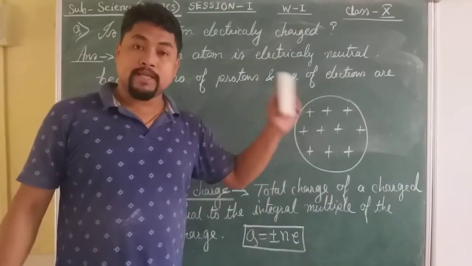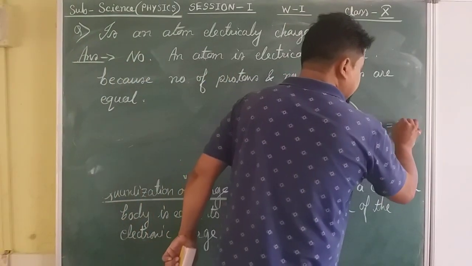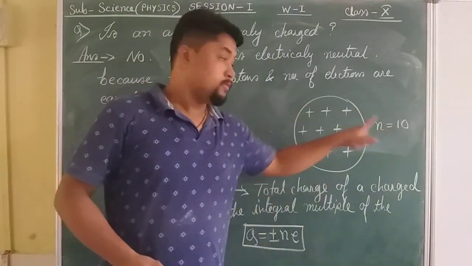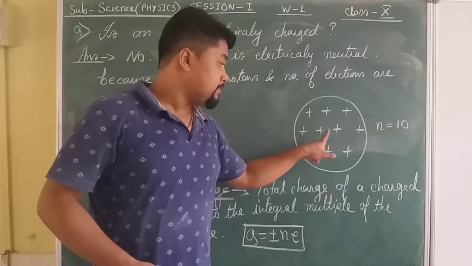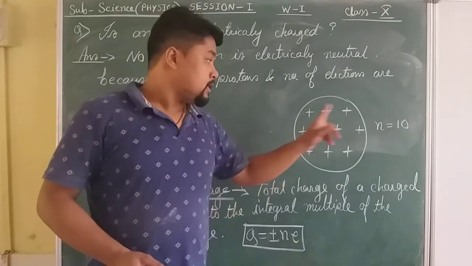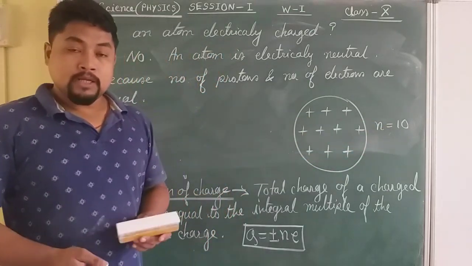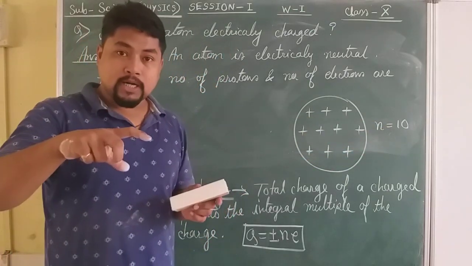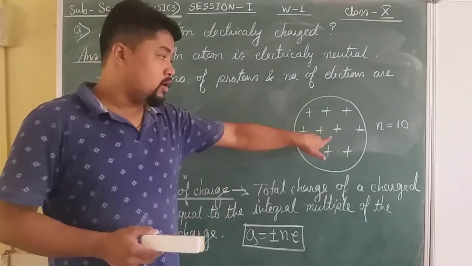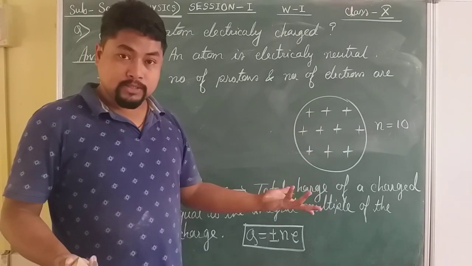So in this charged body, the number of positive charges n is equal to 10. Okay? Therefore, the total charge of this charged body, Q, is equal to what?